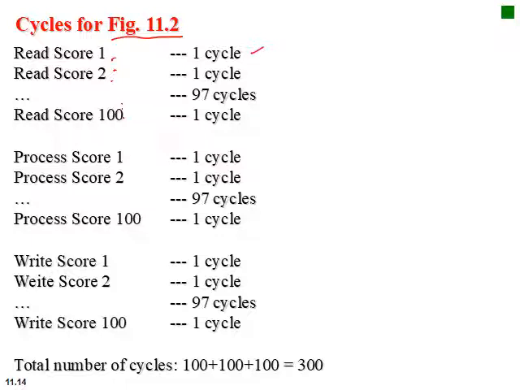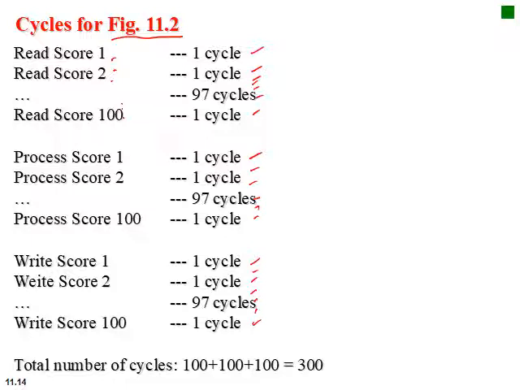Reading the second score is a cycle. The third, fourth, and up to 100, basically, we need 100 cycles to be able to read those scores. Then to do the processing, we need yet again another 100 cycles. And to write those scores out to the screen, we yet again need 100 cycles to do that.